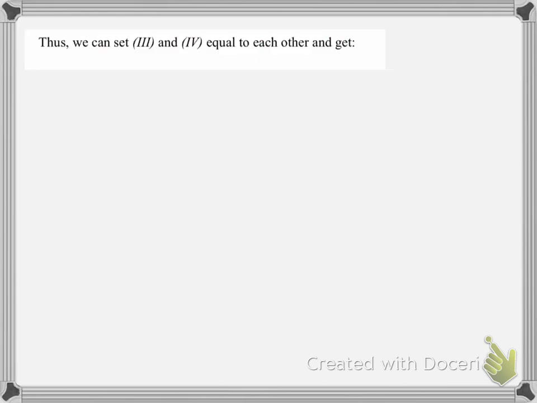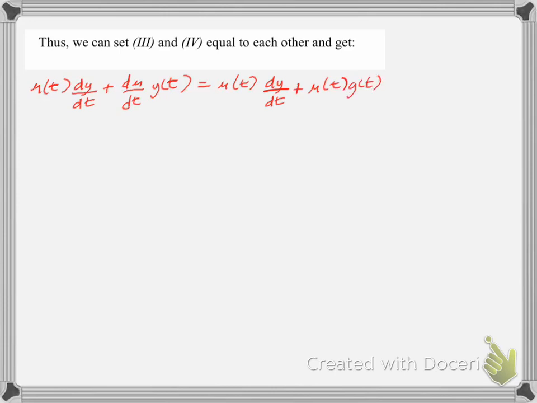Okay, so if we set 3 and 4 equal to each other, we're going to get mu of t dy over dt plus d mu over dt times y of t equals mu of t dy over dt plus mu of t g of t y of t.